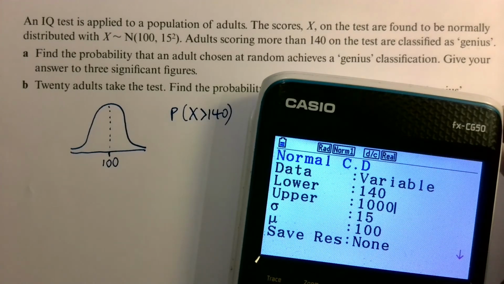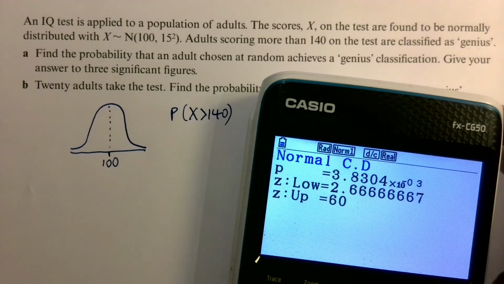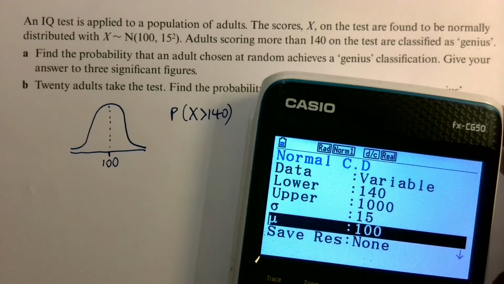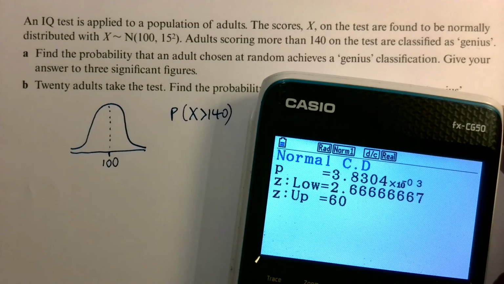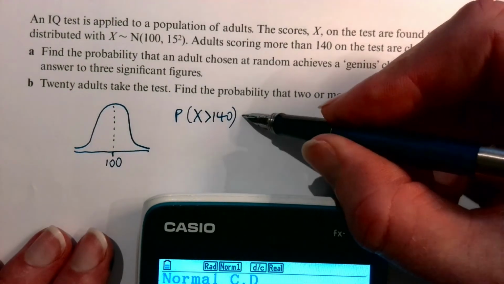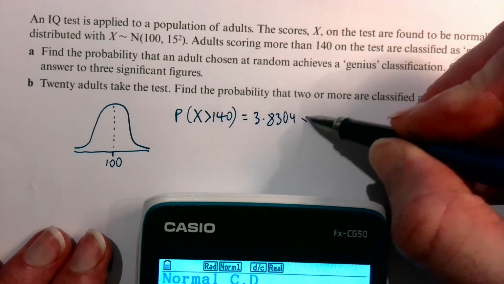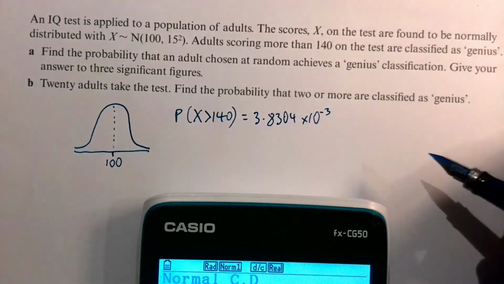It's not possible to score 1,000 on an IQ test, so it's definitely more than enough. The standard deviation is 15. And the mean is 100, so that's nice. And that's giving us a probability of 3.8304 times 10 to the negative 3.